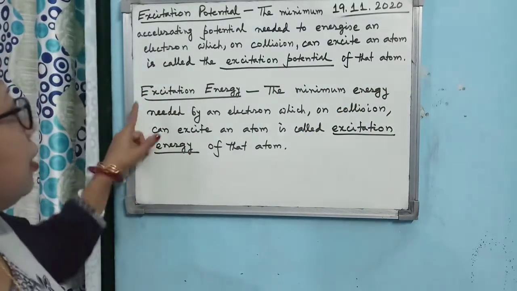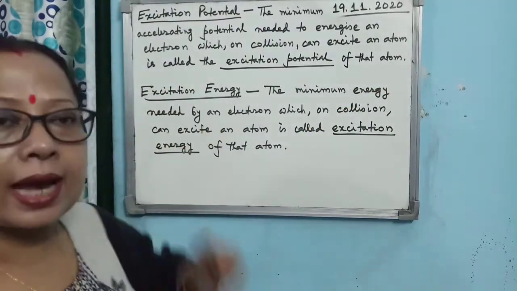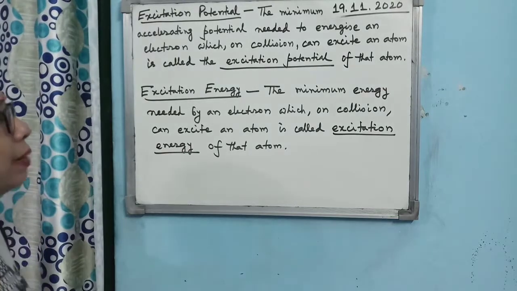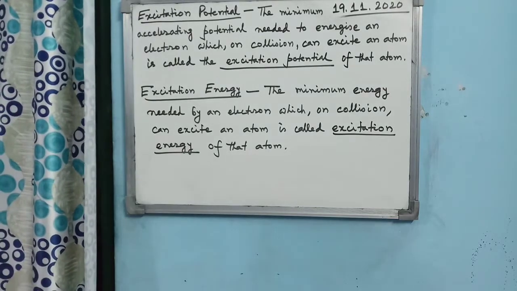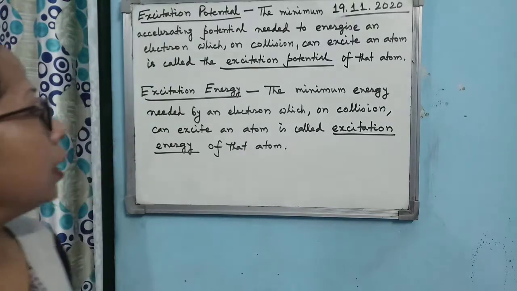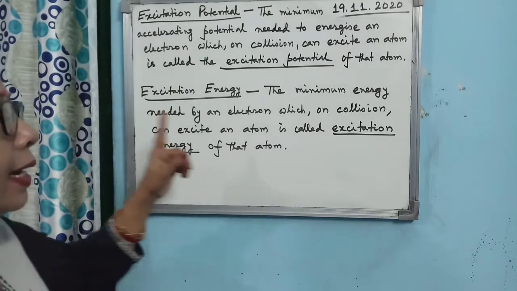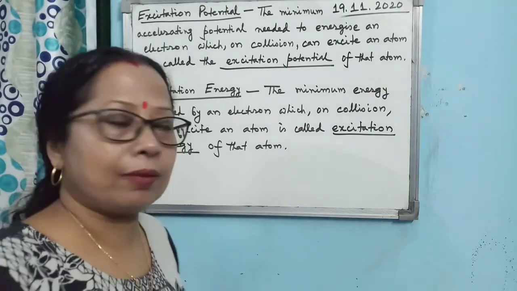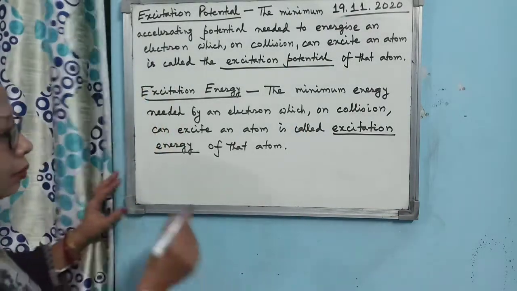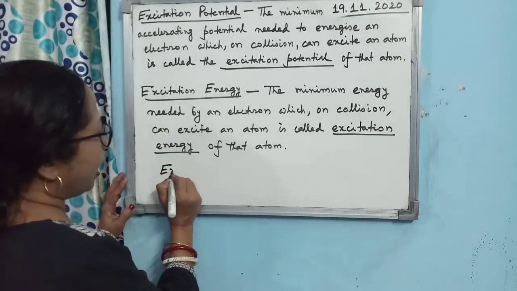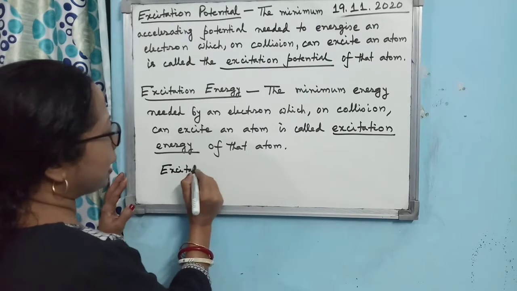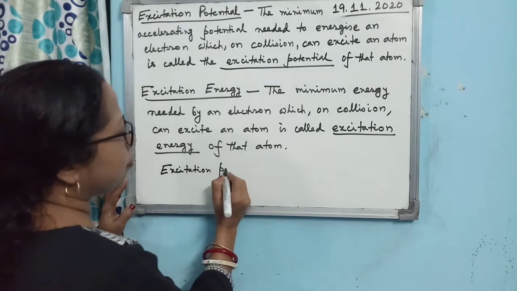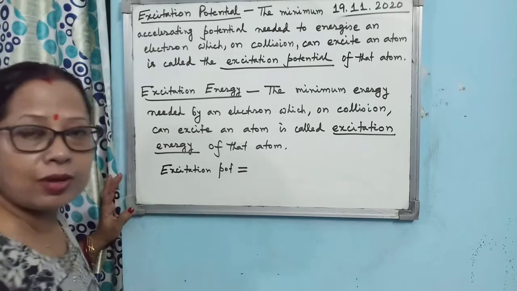Alright? And then what is the definition of excitation energy? The minimum energy needed by an electron which on collision can excite an atom is called the excitation energy of that atom.